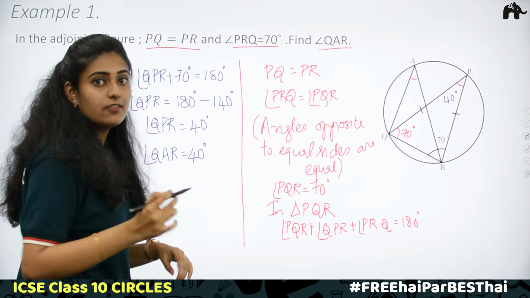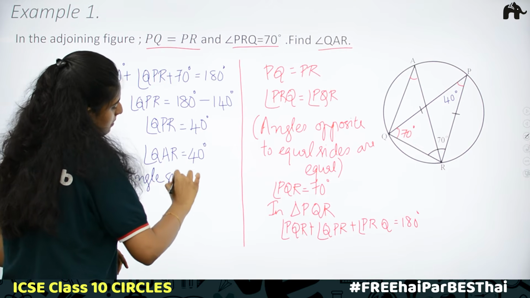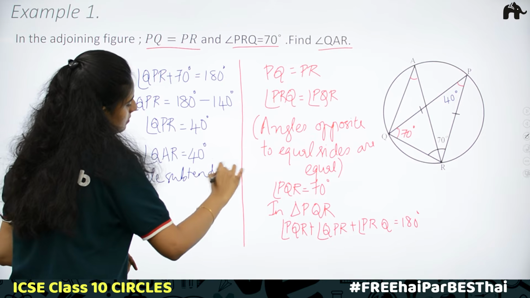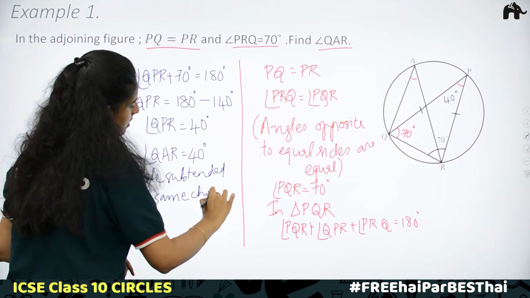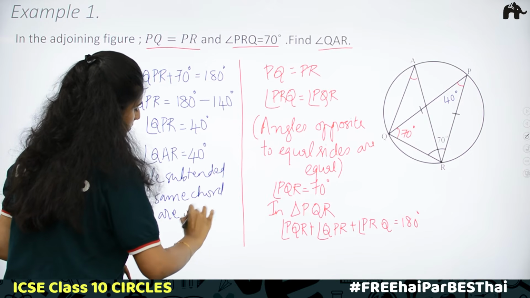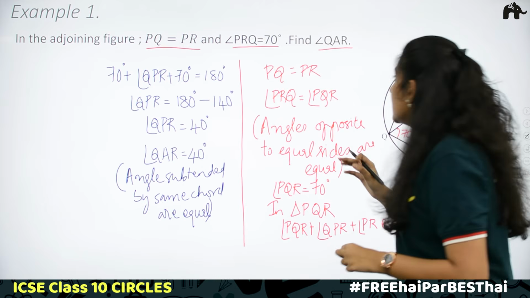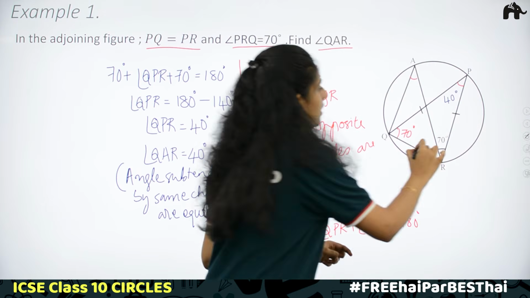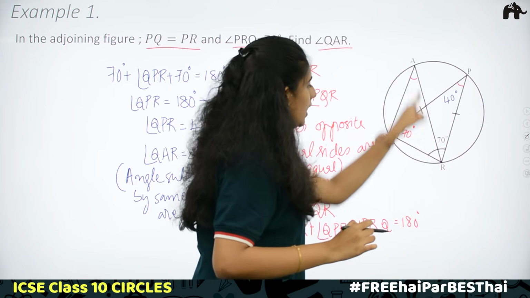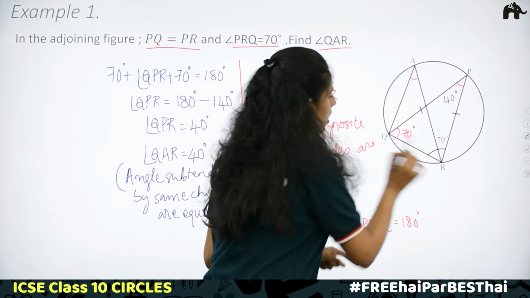What is the reason? We have said this before. Angles subtended by the same chord are equal. So, when you get a question, what you have to do is relate the angles that we need to find with the other angles that are given. Here, to relate QAR, we can relate QAR to QPR because here we have a chord QR.